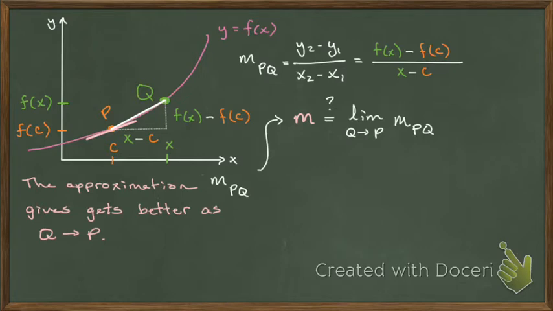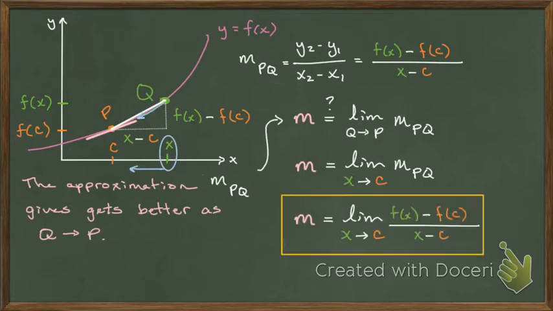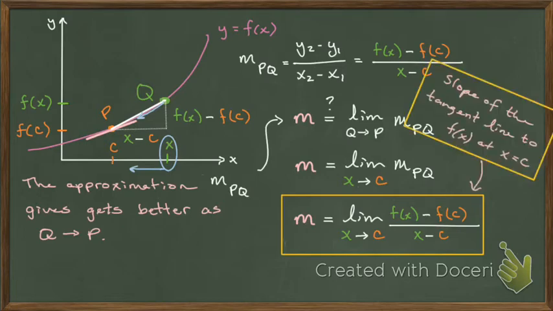What we do is take the limit as x goes to c of MPQ. Just replace what MPQ is, and I get this expression here. With that limit, I really do get the slope at P. This is called the slope of the tangent line to my function at x equals c. That's the slope that I'm looking for.